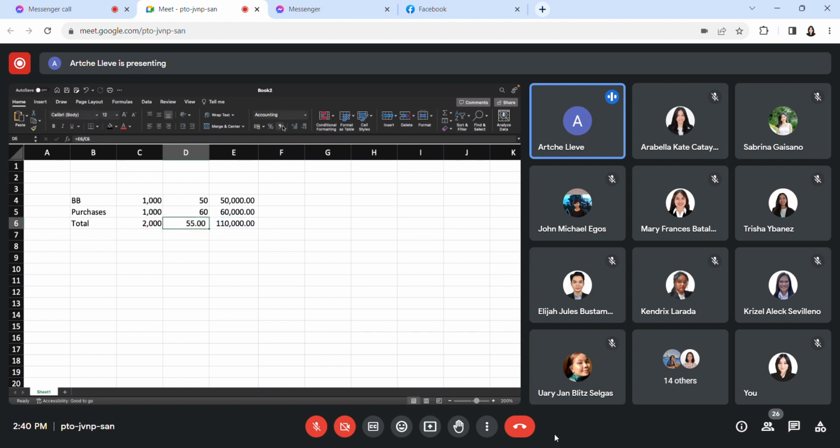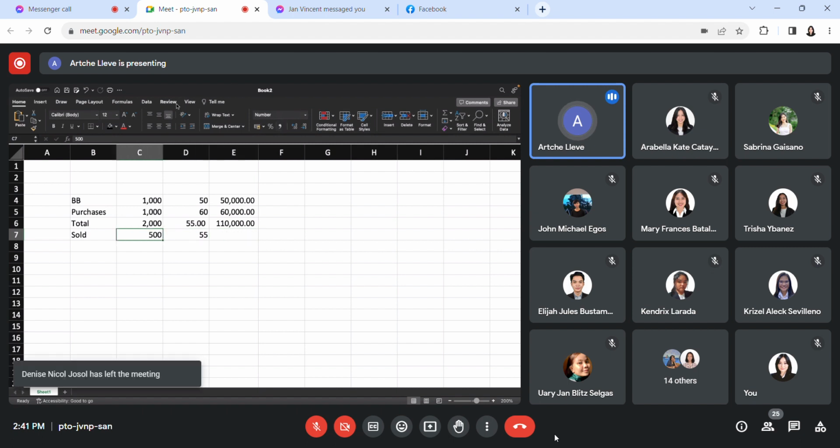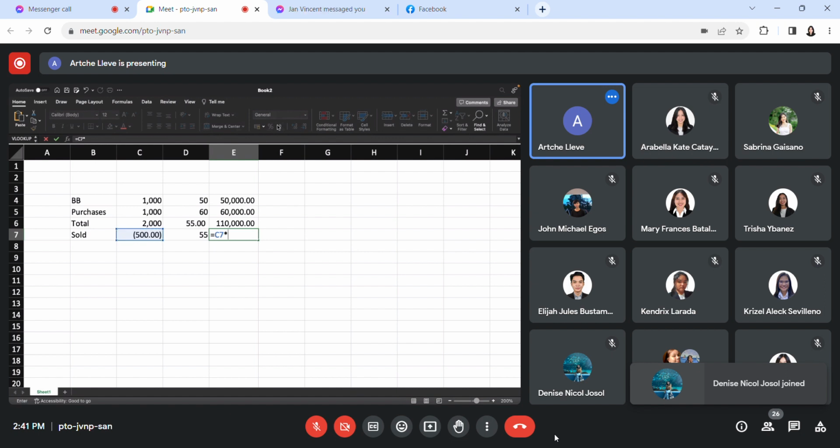Now, let us say we sold 500. How much unit cost will we use for the 500? Of course, the 55. Sorry, this should be negative. 500 times 55.